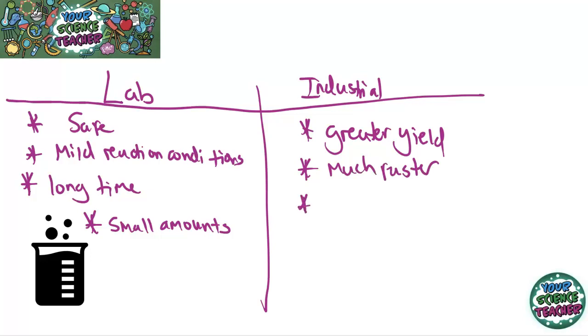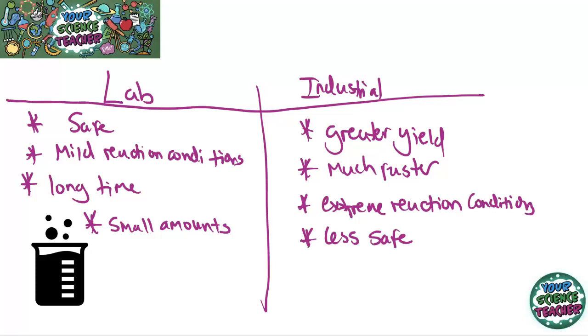They use not mild reaction conditions, they use extreme reaction conditions, which can increase the danger. They use higher concentrations. You might be asked in an exam to compare the production of fertilizer in a lab compared to the industrial production, and these are things that you could use in your comparison.